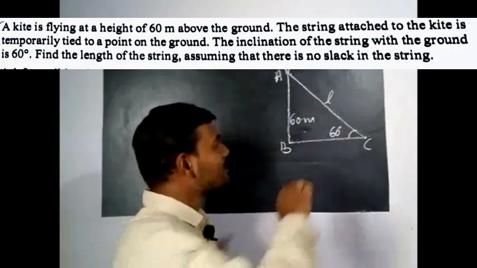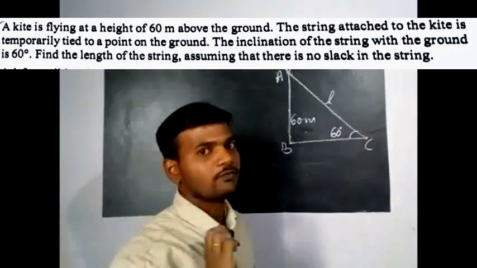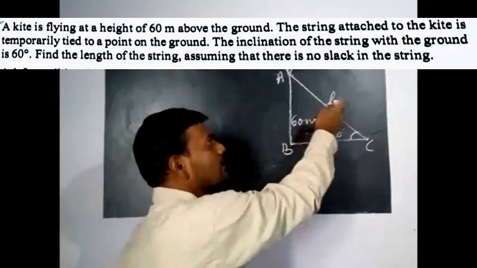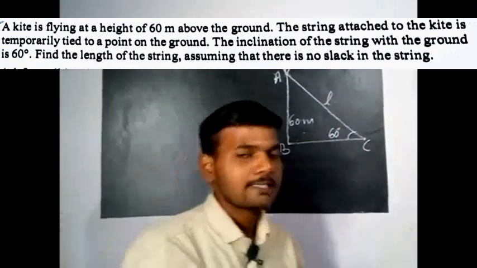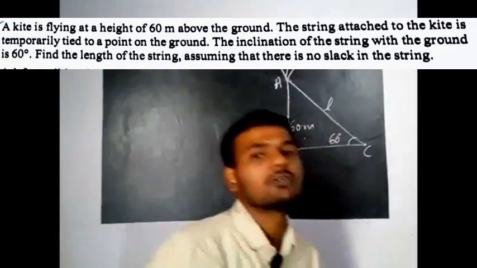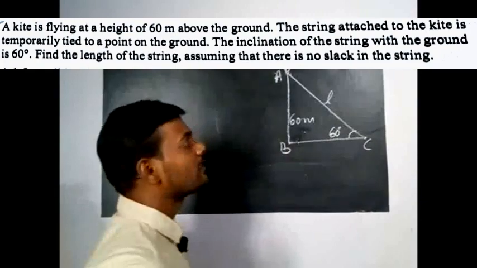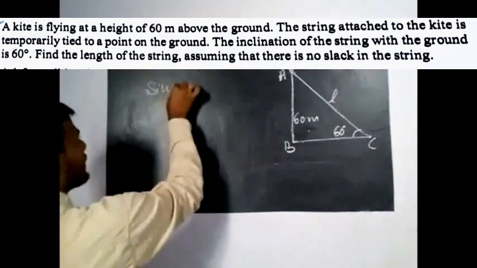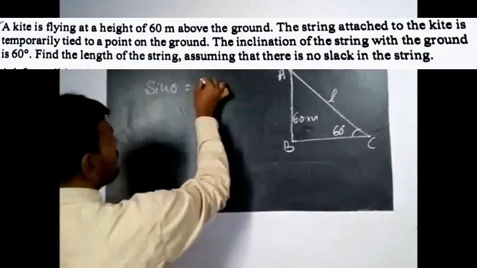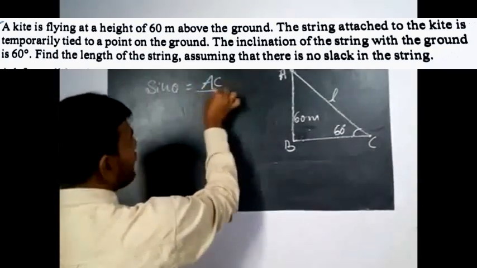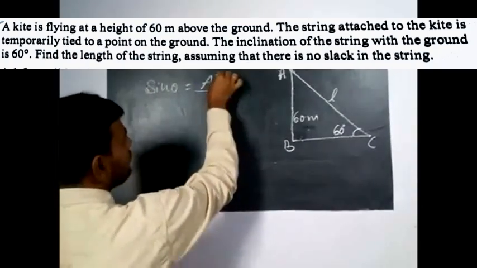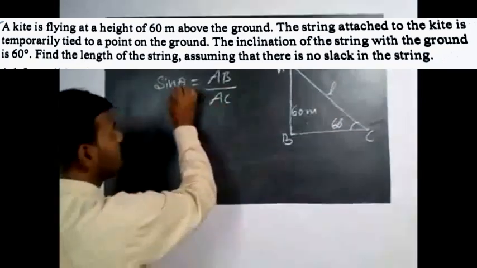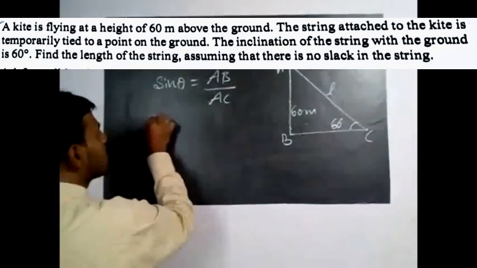Okay, so as related to the angle theta, we know the opposite side, and then we can find the hypotenuse. So which trigonometric ratio can we apply here? We can apply here the trigonometric ratio sin theta. Sin theta is equal to AB by AC. Angle is given, that is 60 degree.